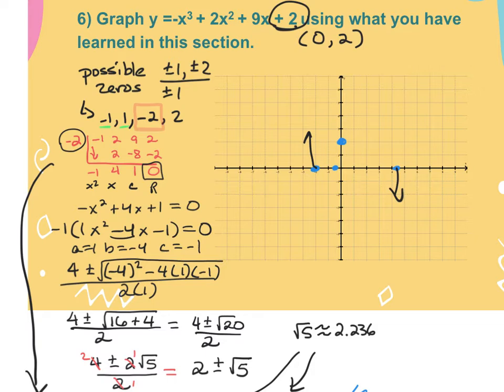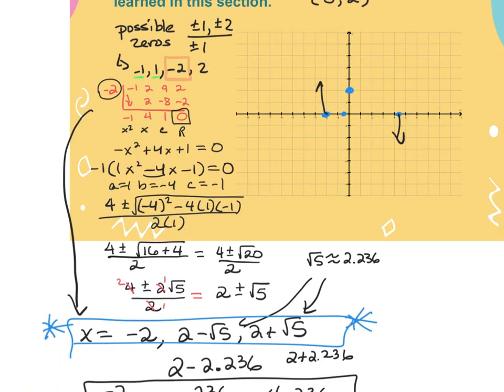Now, also I need to discuss multiplicity, because this is going to decide, does my graph go through the x-axis or does it bounce?